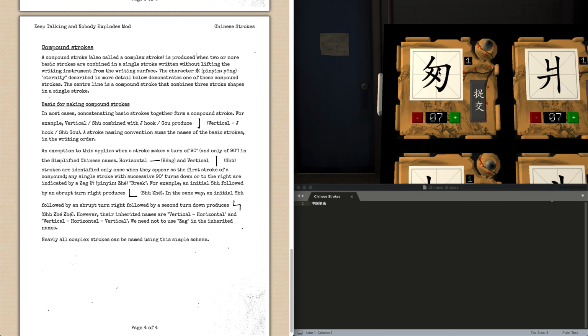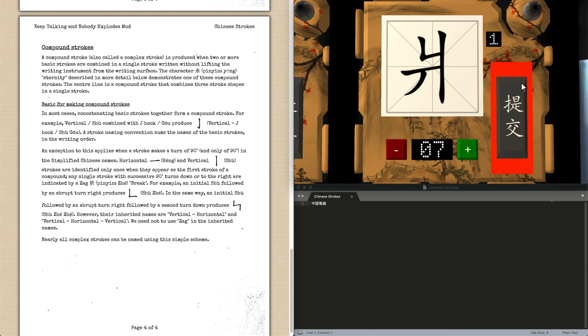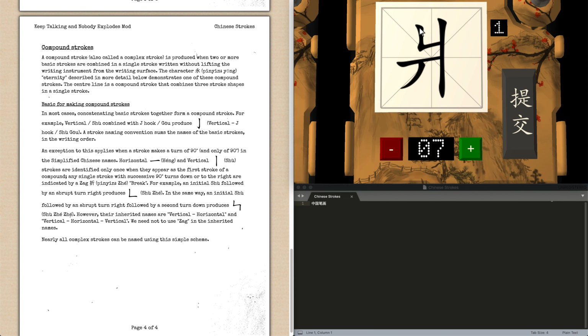However, if you were to look at something like this, the only compound stroke here is this one because it all has to follow the same convention. You wouldn't draw down, then right, and then go back up and then down. There's no way that would ever be one stroke because it has to follow top down, left to right, basically.